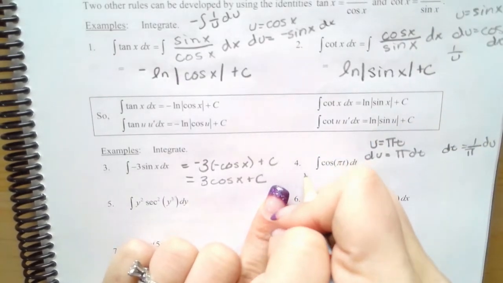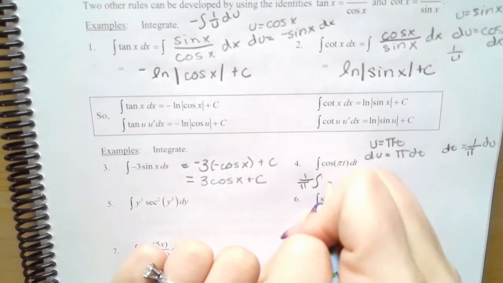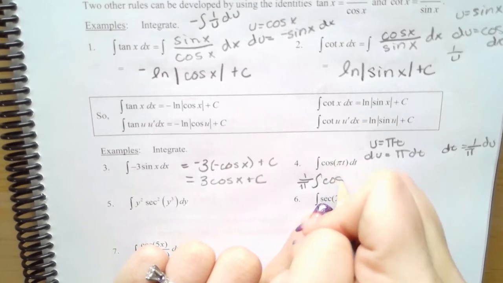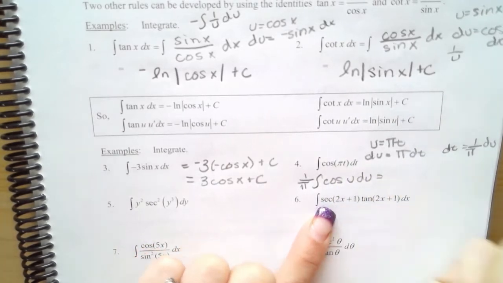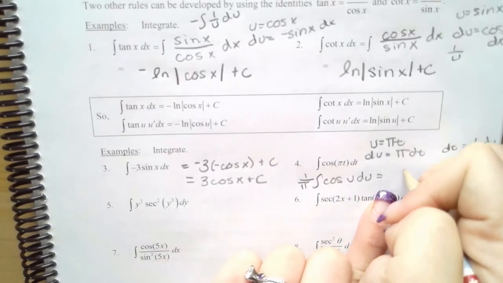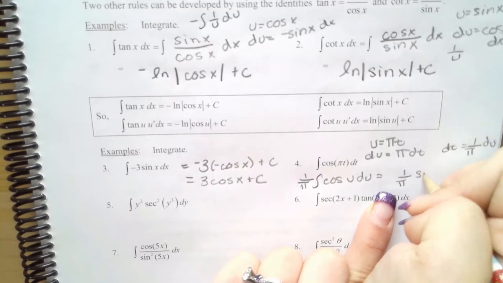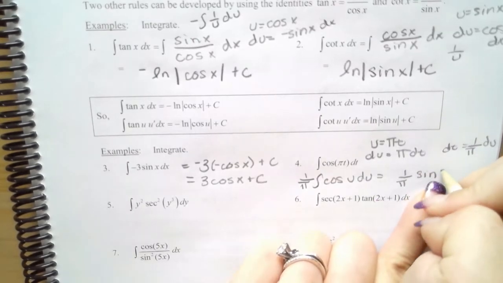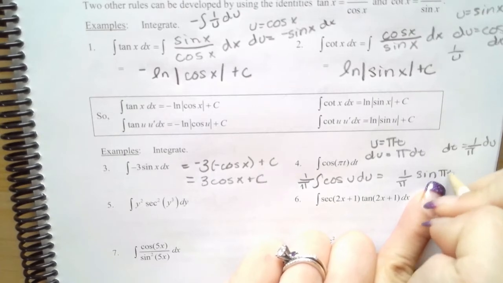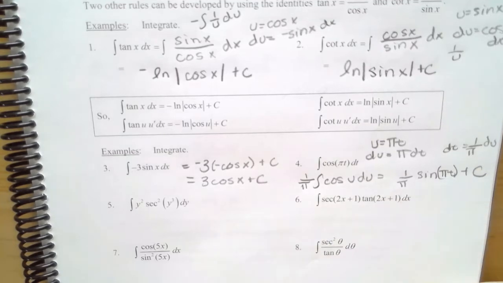So what we're looking at is 1 over pi integral cosine u du, which equals 1 over pi sine. And now instead of u, I'm going to put the pi t plus c.